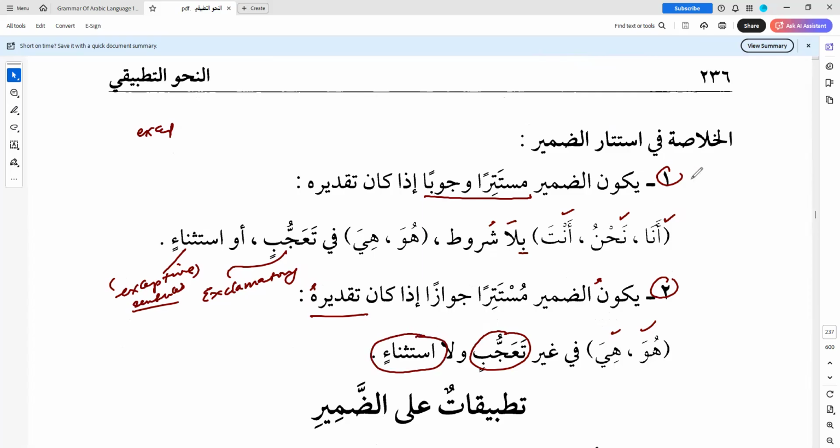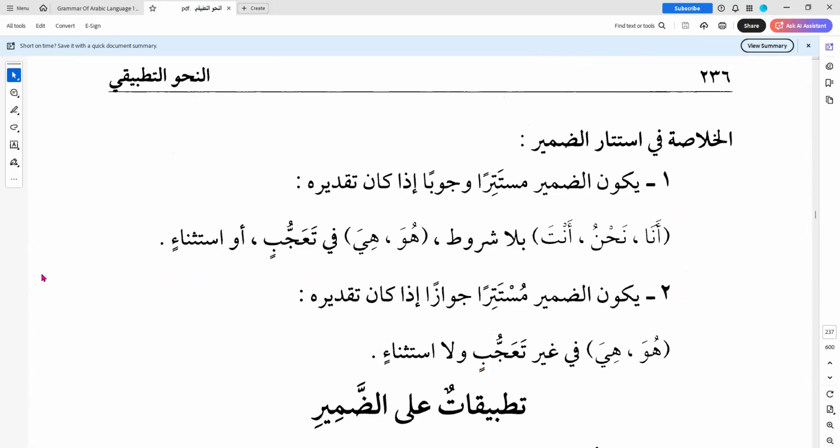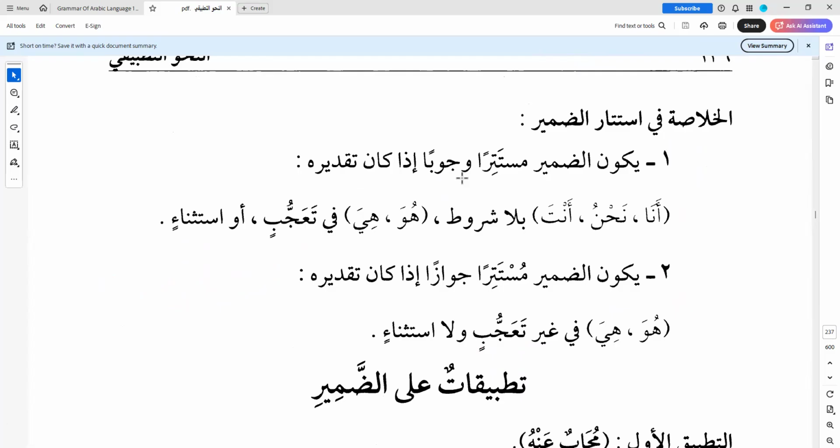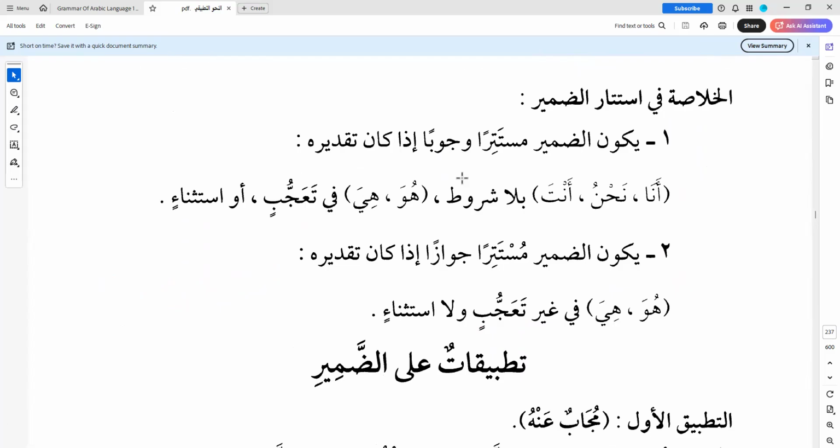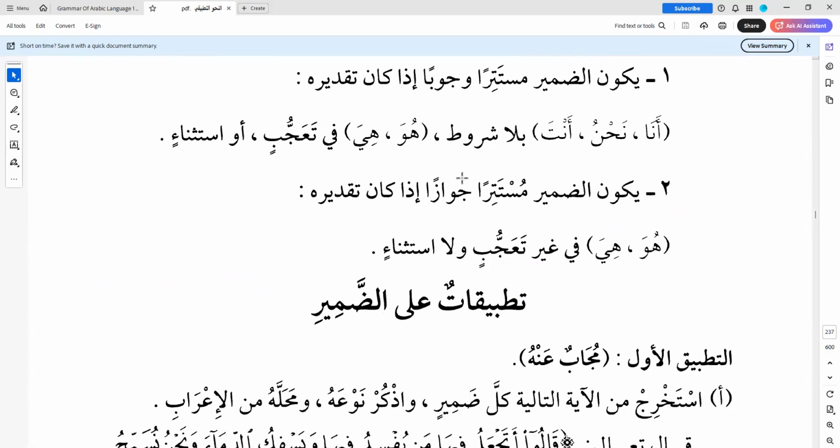So these are the 2 critical points, right? Point 1, and then 2 here that you need to imbibe regarding ضمير مستتر and whether it's going to be wujuban or it's going to be jawazan. So that is it regarding the dhamir.